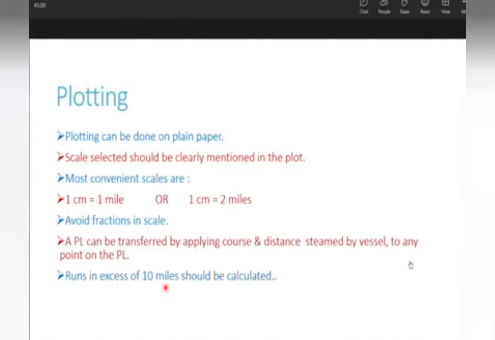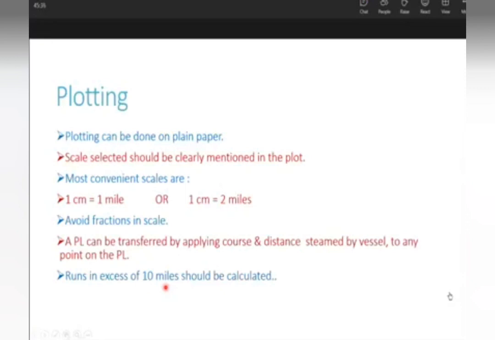A reason for this being that if the distance is more than 10 miles, to show it on your answer sheet, you will have to select a large ratioed scale, maybe 1:5 or 1:10 or so. Now, as the scale becomes bigger and bigger, the errors in the plot get enhanced.